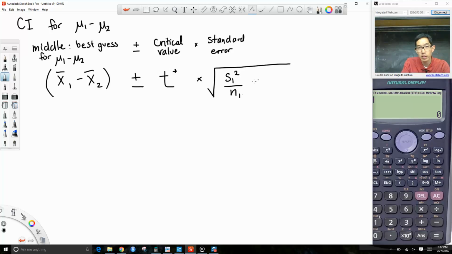It's a little bit of an ugly formula, and we can't really do anything about that, but it's not so terrible either. So s1 squared over n1 plus s2 squared over n2.